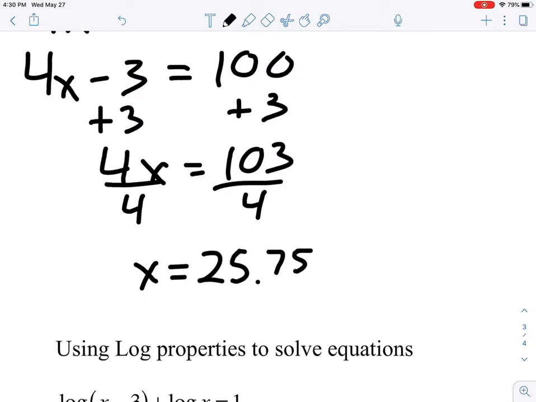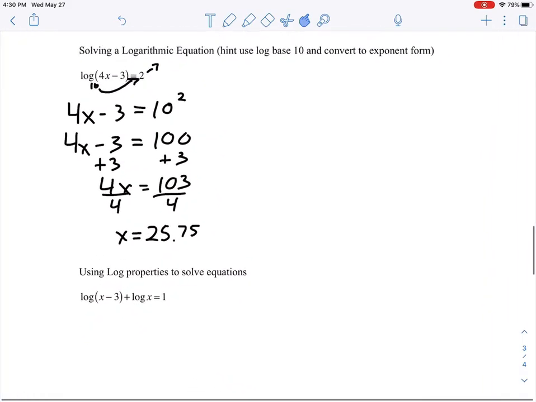And there we go. Pretty cool. All right, let's take a look. So now we just solved an equation with logs in them.